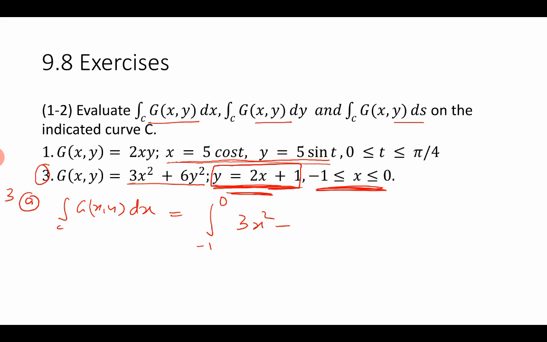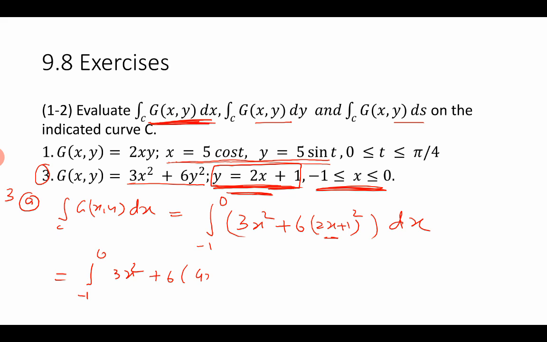3x square plus 6y square. What is y? 2x plus 1 whole square. Now 3x square. Then finally dx is given as dx. The first case goes with the dx, isn't it? So now simplify and integrate it. Negative 1 to 0, 3x square plus 6, and to expand this one, 4x square plus 4x plus 1, dx.